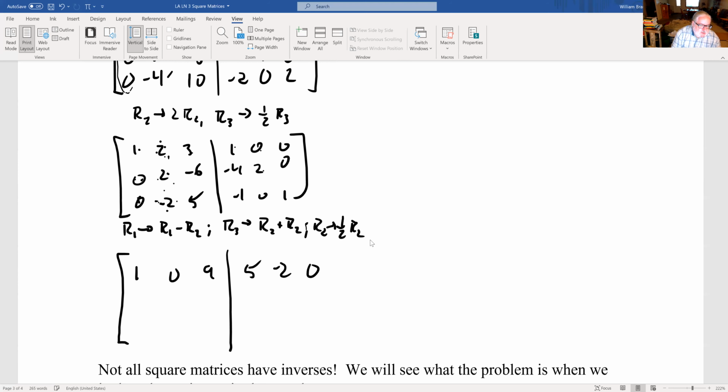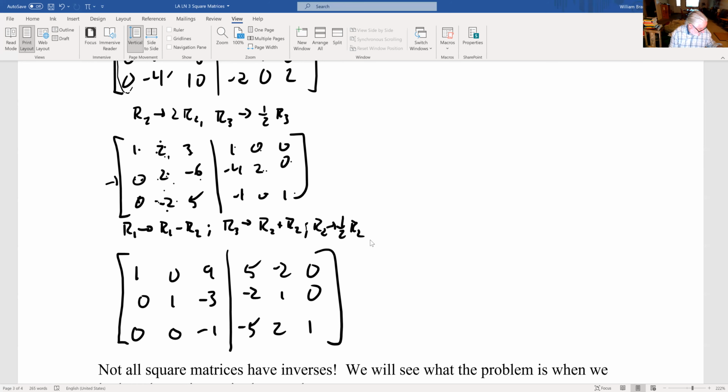Add row 2 and row 3: 2 plus 0 is 2, 0 plus 0 is 0, 2 plus minus 2 is 0, minus 6 plus 5 is minus 1, minus 4 plus minus 1 is minus 5, 2 plus 0 is 2, 0 plus 1 is 1. And then we'll take the middle row and divide it by 2, so that gives me 0, 1, minus 3, minus 2, 1, 0.